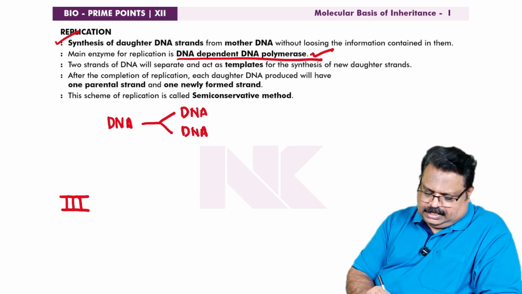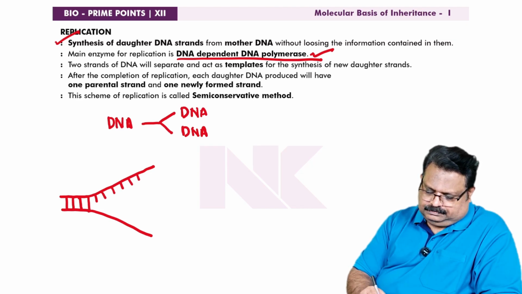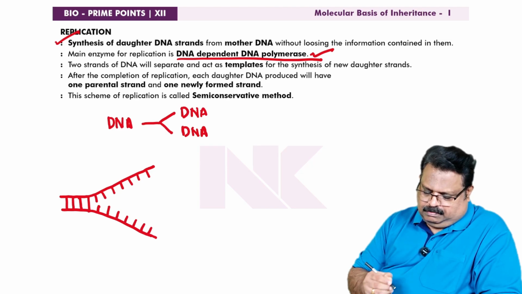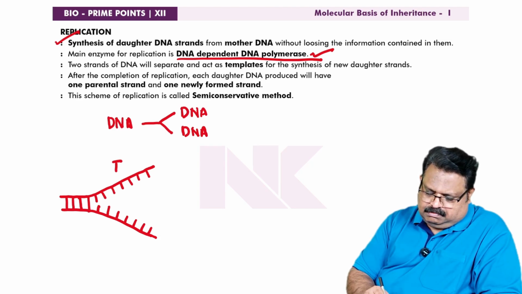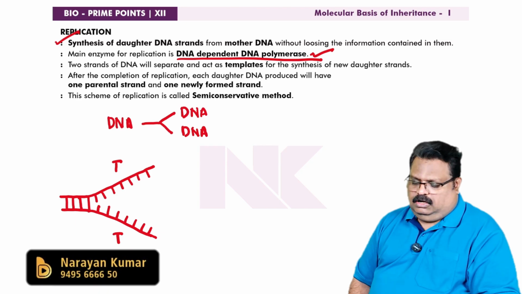So at the time of replication, the two strands will separate from each other and the base pairs will be broken. Base pairs will be broken, and both of the separated strands will act as a template. Template means a master copy for the synthesis of daughter DNA.